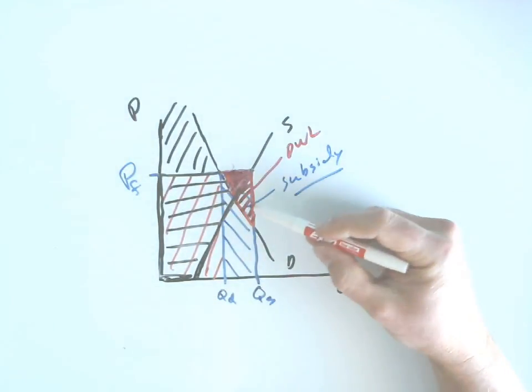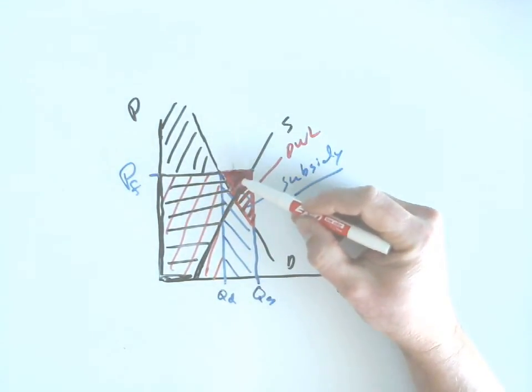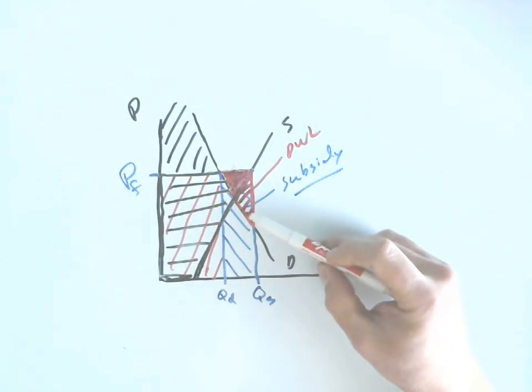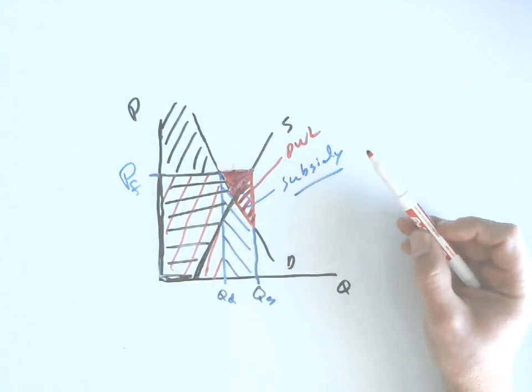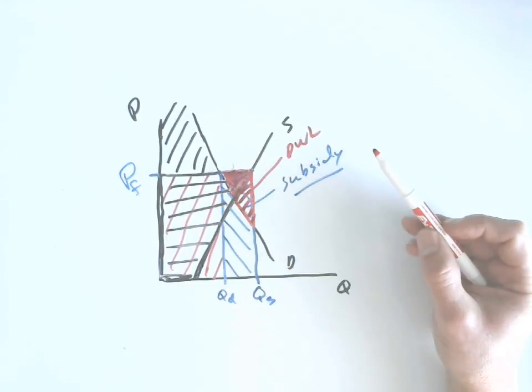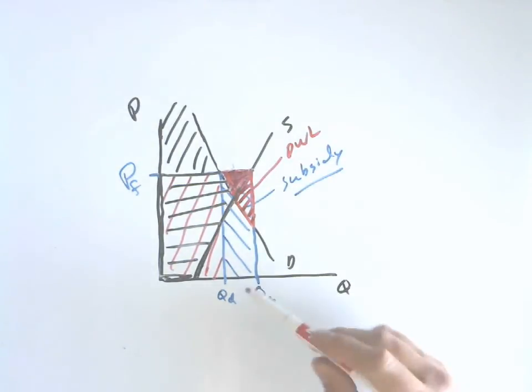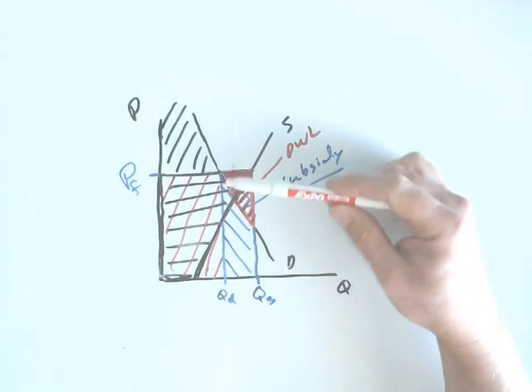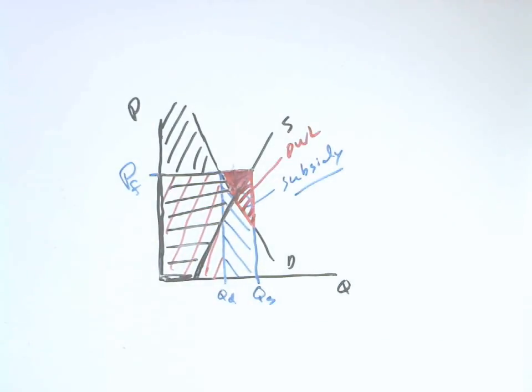And as long as that deadweight loss is larger than that additional surplus the farmer gets, then the outcome is an inefficient outcome, regardless of the higher price that the consumer has to pay for the product and the higher taxes they will incur.